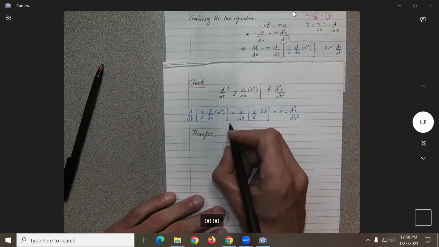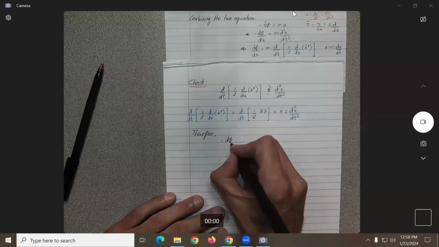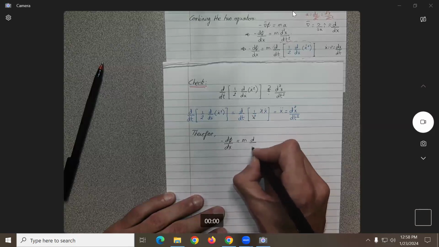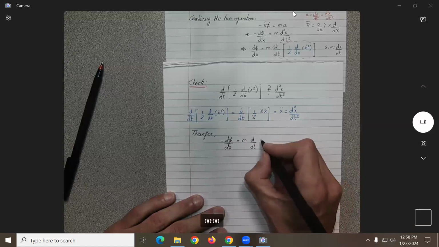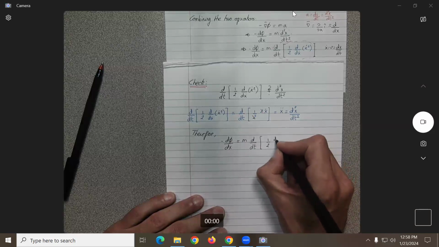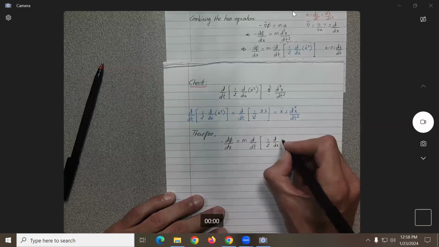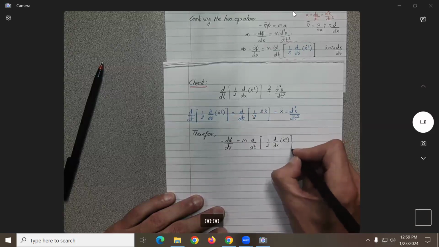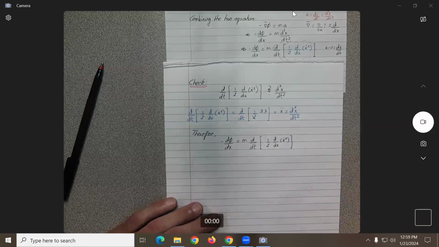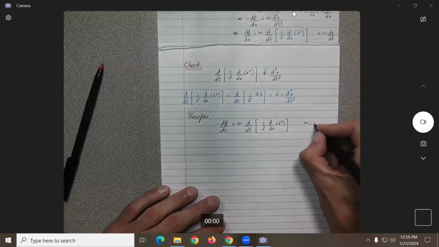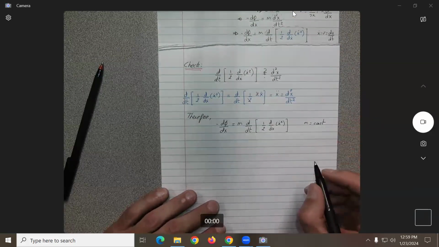Therefore, I can just go back to my previous equation, dφ/dx equal to m d/dt of 1/2 d/dx dot x dot squared. Okay, so in this equation, m is constant. If it's constant, that means I can put it anywhere I want.